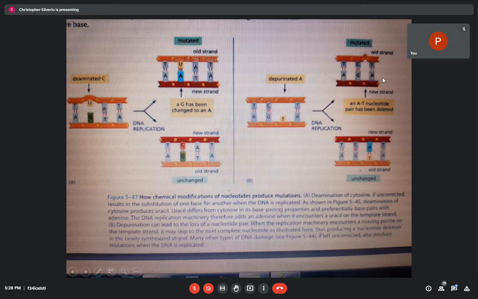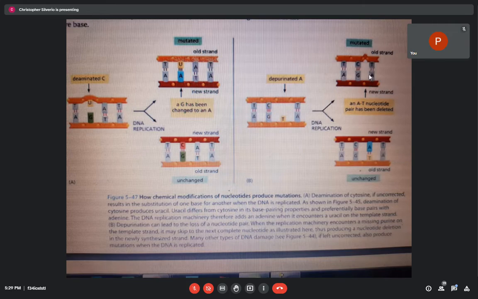And you know the implication of this one? When this will be transcribed into messenger RNA, it will have a short messenger RNA which is lacking the necessary codon.